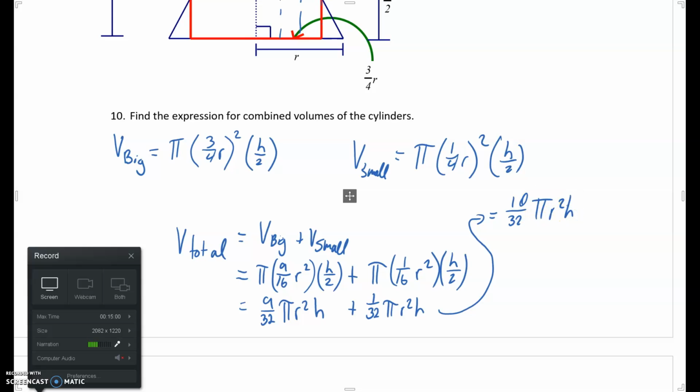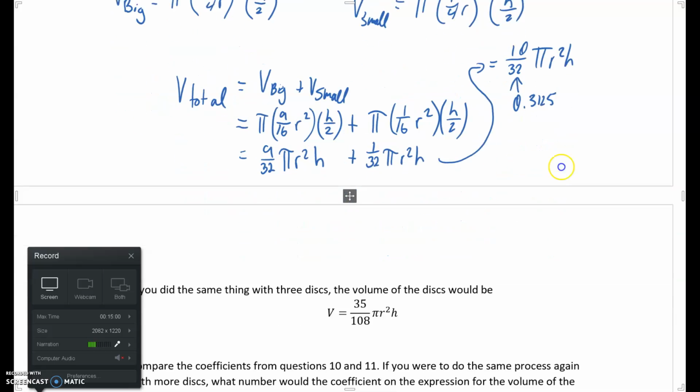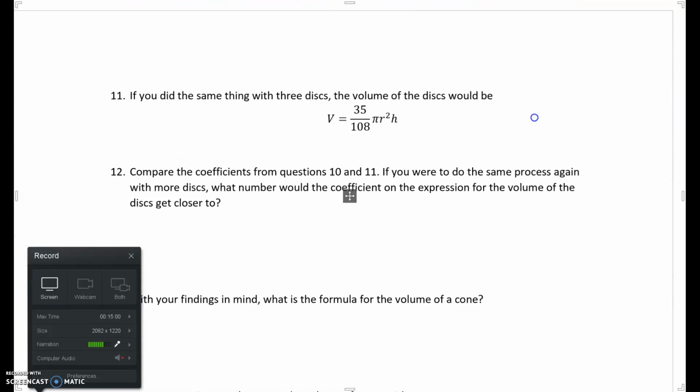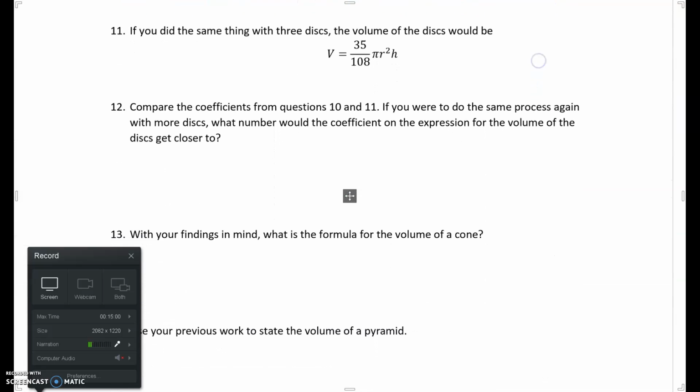Now, if we take a look at our calculator and we do 10 over 32, we see that 10 divided by 32 comes out to be exactly 0.3125, which is getting close to 1/3, because 1/3 is 0.3 repeating. If we continue this process, and instead of 2 cylinders we did 3 of those cylinders, calling them discs here, we would end up with the coefficient being 35 over 108.